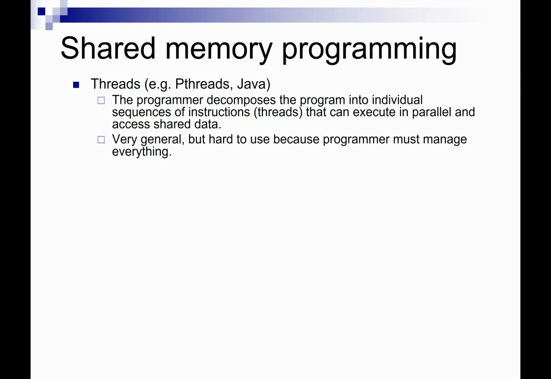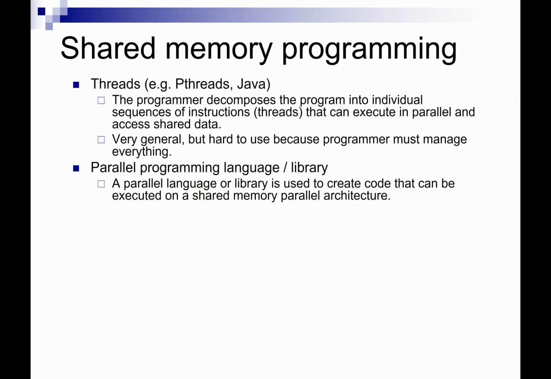The advantage of this is that it's a very general way of writing a parallel program. You can basically do anything you want. However, because it's so general, the programmer needs to be responsible for many things. He needs to manage everything, for example synchronization between threads, creating or destroying threads. So it's a lot of work for the programmer.